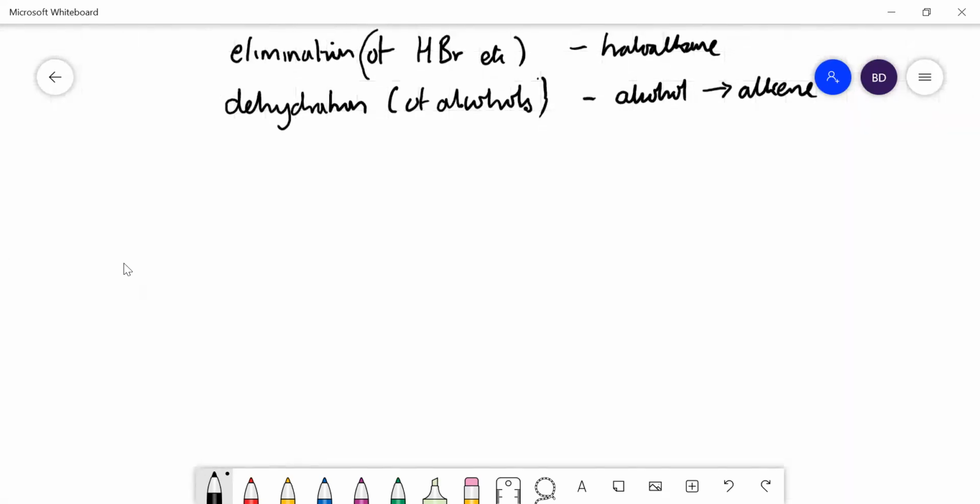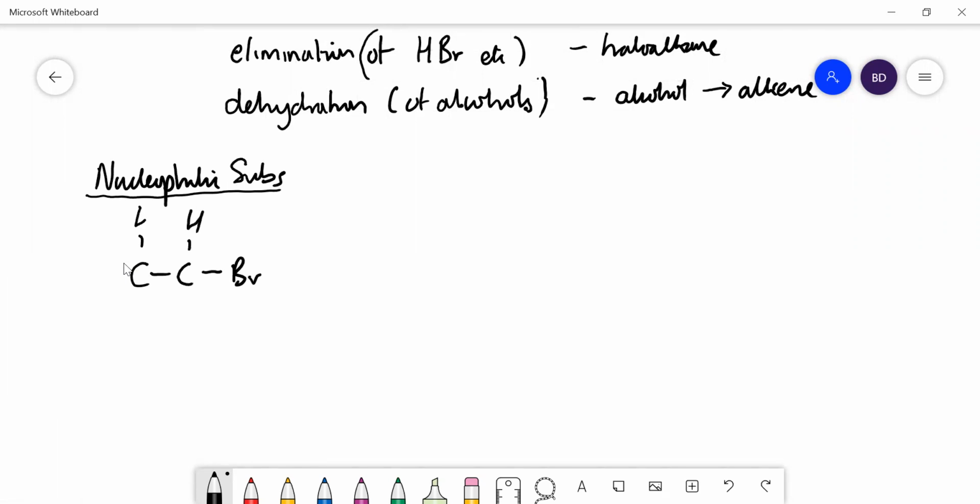Right, so you've got a haloalkane. Right, so let's have bromoethane. We have a partial positive charge on the carbon there due to the electronegative halogen.